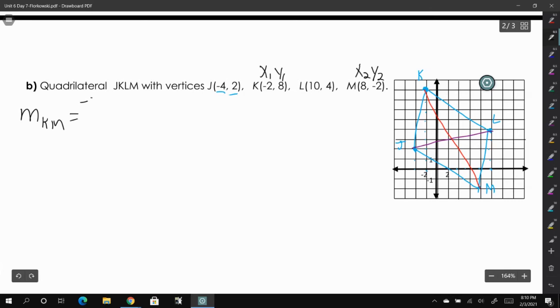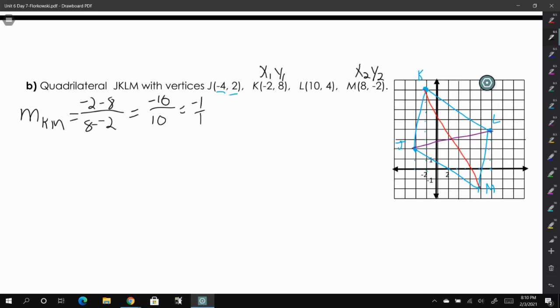So the slope is going to be -2 minus 8 over 8 minus -2. And that is going to give us -10 over 10, which is -1 over 1. And just like the previous problem, we're going to leave the slope alone so we can compare them.